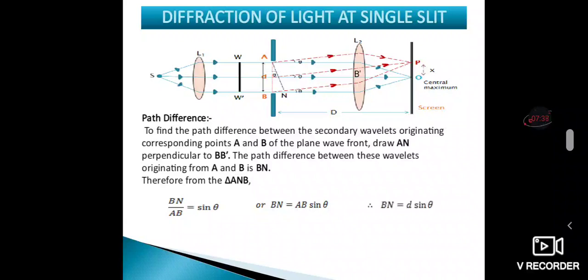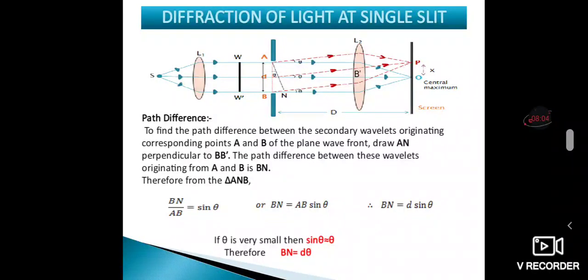Or we can write BN is equal to, AB being the distance d, d sin theta. If theta is very small, then sin theta is approximately equal to theta itself. Therefore BN is equal to d theta.